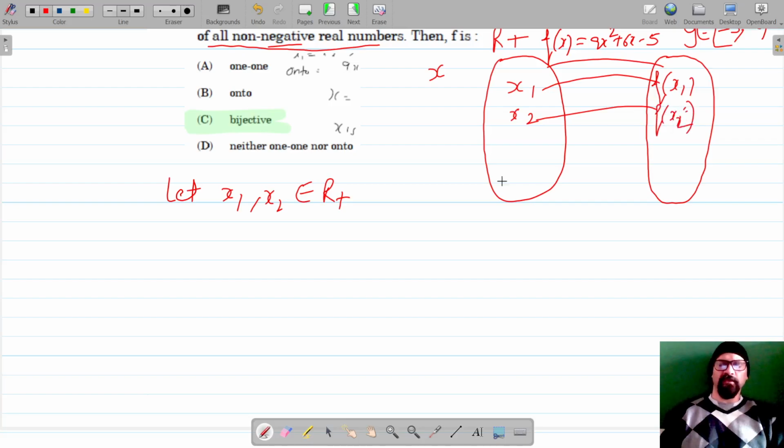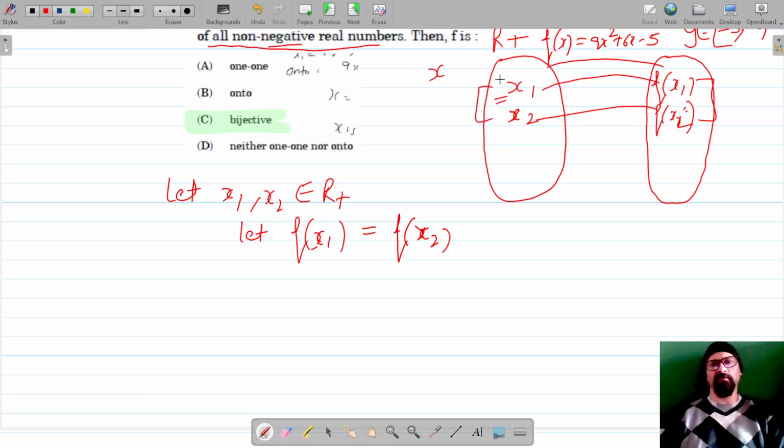Now let's assume that these two images are the same, and we know that a function is one-one when for every element x there is a unique image. So if we are considering that these two images are the same, then these two should not be different. These two should also be the same. That is, for only one element, there is a unique image.